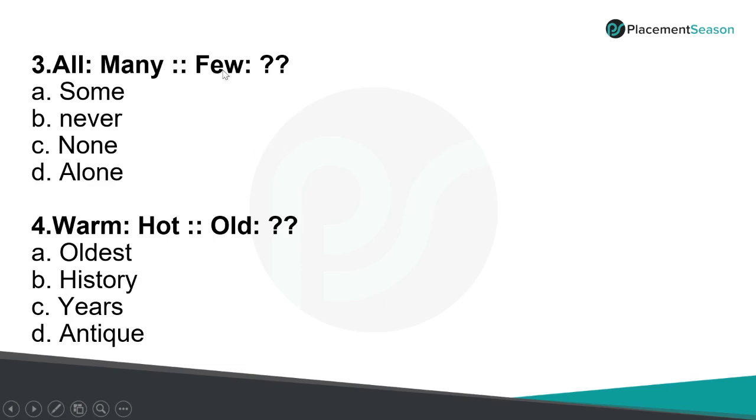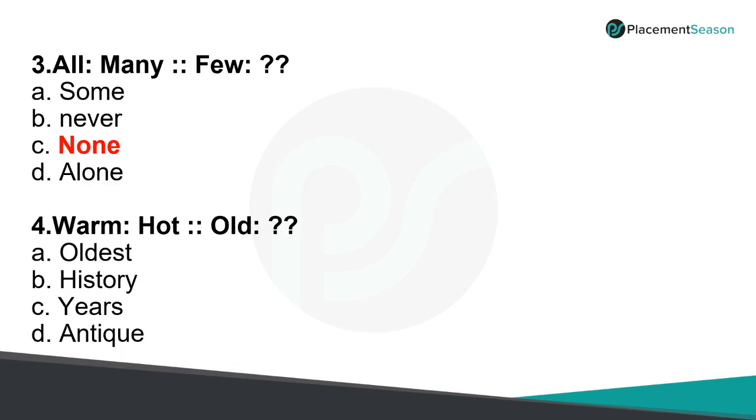Coming to the relationship here in the second word, few to what? The lesser part of few itself means less. So the lesser part of less is none. So the answer here is none.